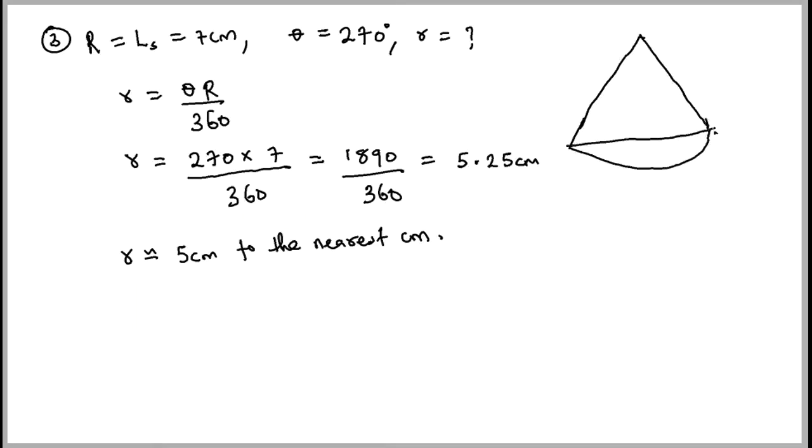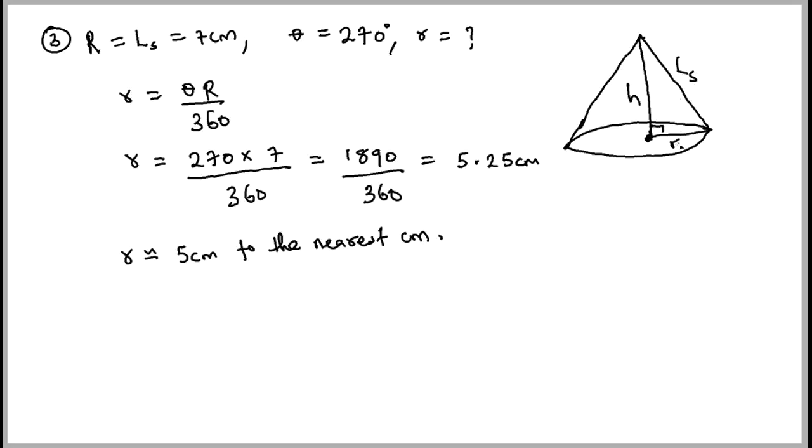This is the base radius, my r, which we just found. We are asked to find this height, this perpendicular height. So that is finding h. Of course, here is your slant height, always your slant height.